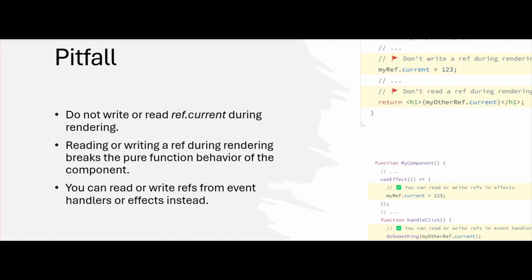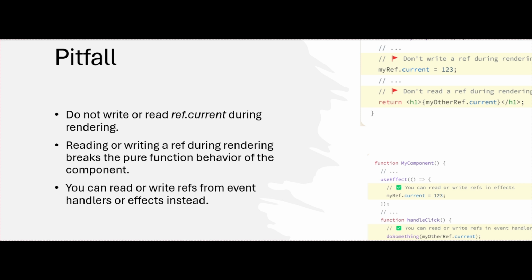Because reading or writing a ref during rendering breaks the pure functional behavior of the component. What is a pure function? If we pass the same inputs, either props, state or values, the component should return the same JSX code. That is a pure component.